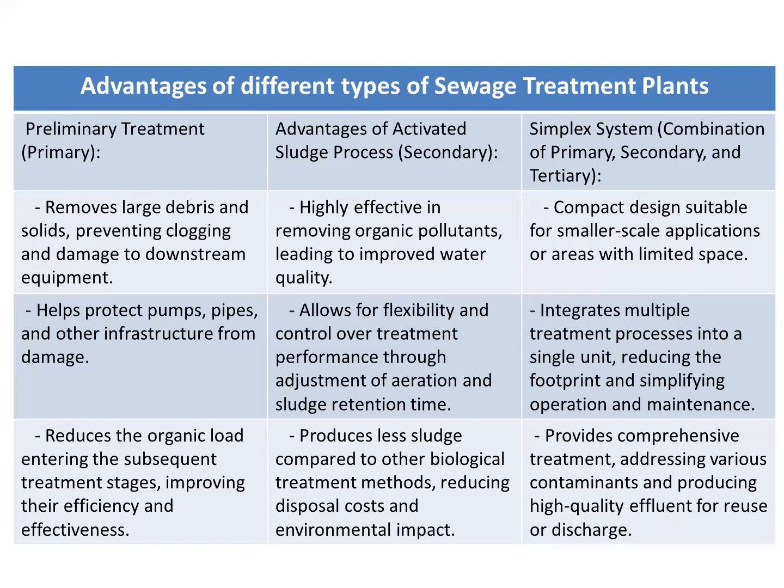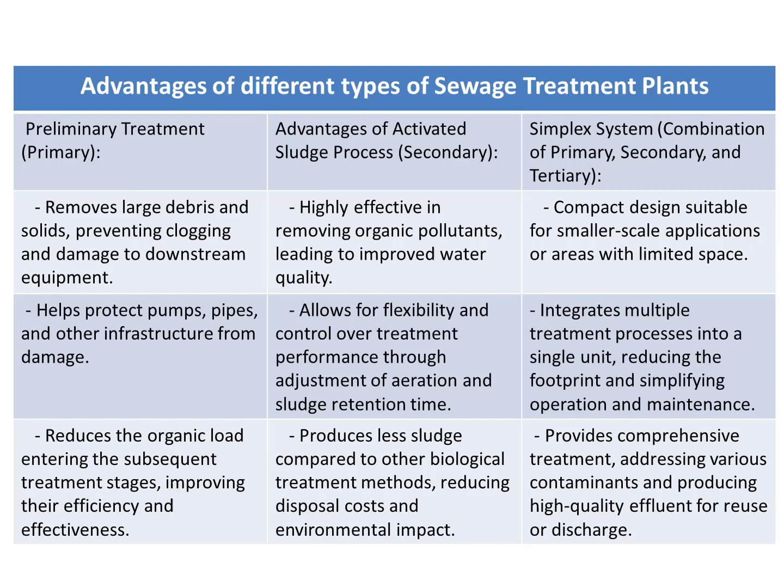The preliminary treatment reduces the organic load entering the subsequent treatment stages, while the activated sludge process, that is the secondary treatment, produces less sludge compared to other biological treatment methods, reducing the disposal cost and the environmental impact because it is digesting the sludge.